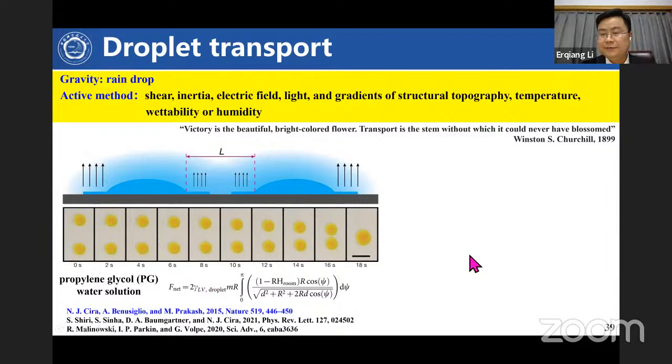So they realized if you have two sessile droplets put on a solid surface, they use binary droplets, which means it is a mixture, a PG and water solution. PG evaporates slower than water. So if you put two droplets on a solid surface, because this region overlaps, right? So the water will evaporate slower at this region and faster at this region.